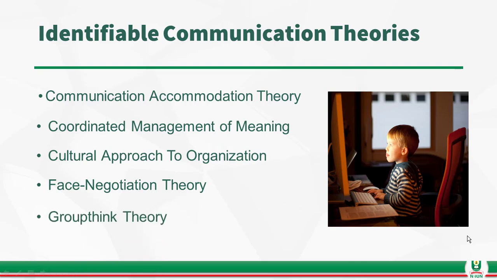The last one that we talk about for this lesson is groupthink theory. The argument is that group members frequently think similarly and are reluctant to share unpopular or dissimilar ideas with others. When this occurs, the group prematurely makes decisions, some of which can have lasting consequences.